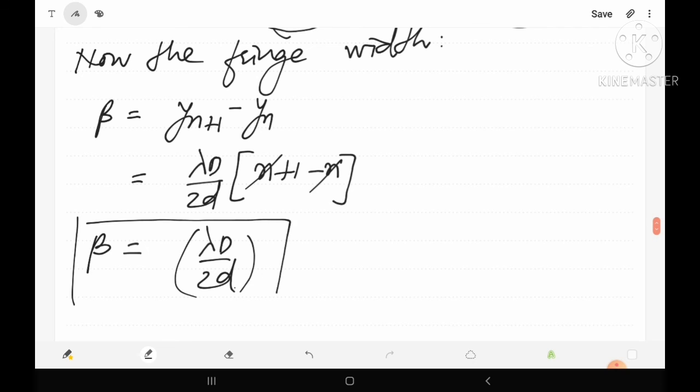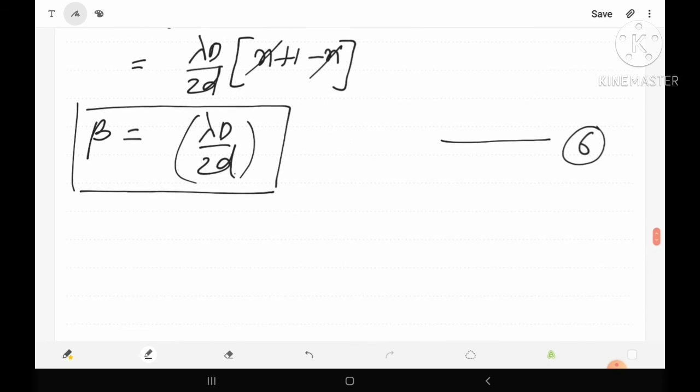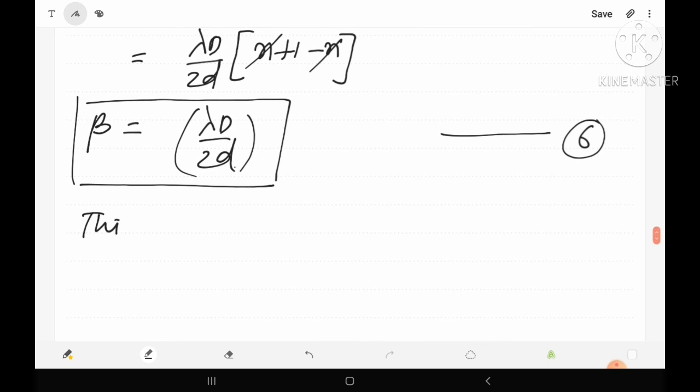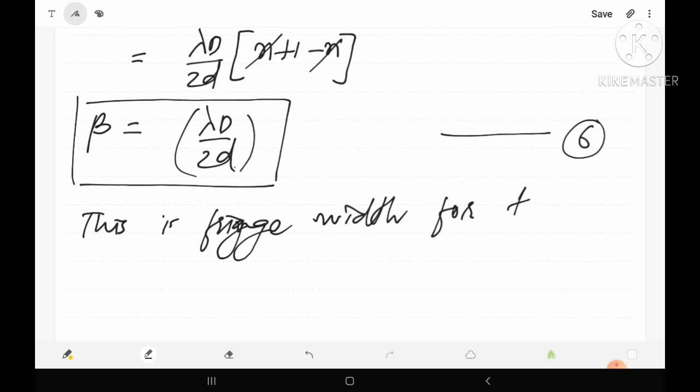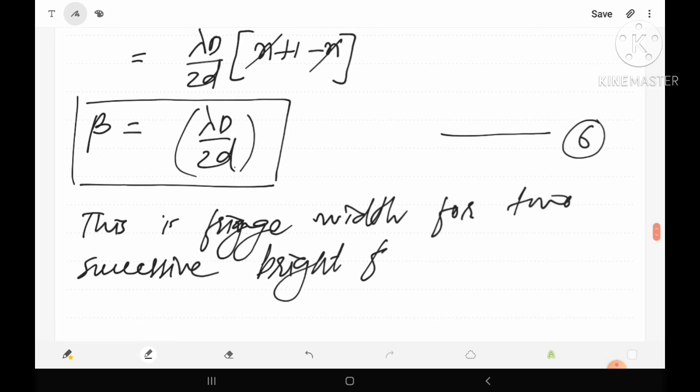So this is the fringe width for bright fringes, equation number 6. This is the fringe width for two successive bright fringes.